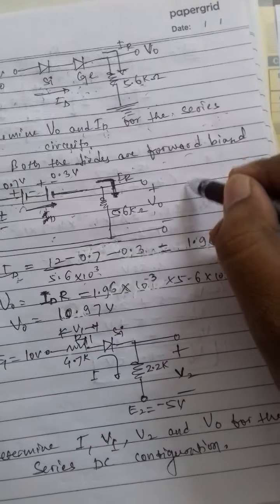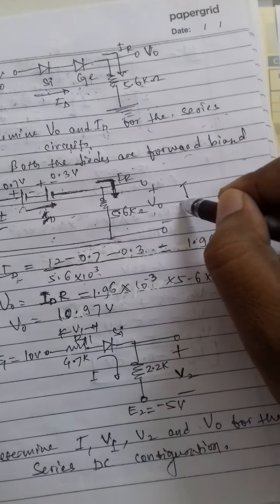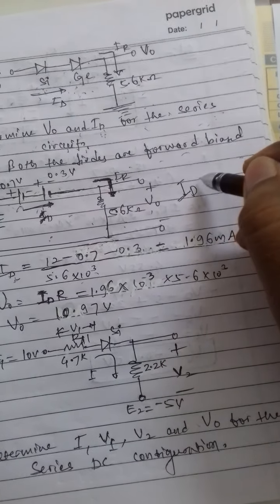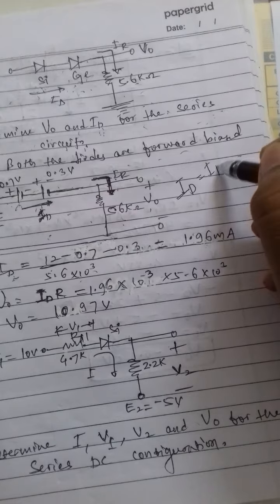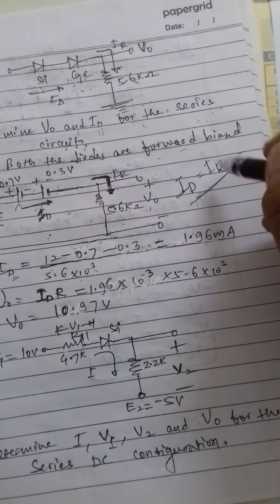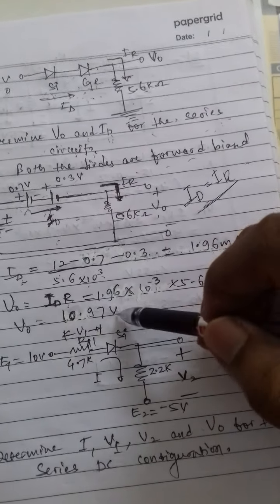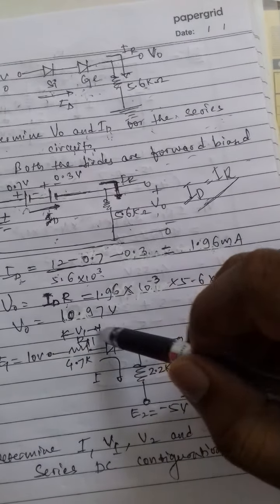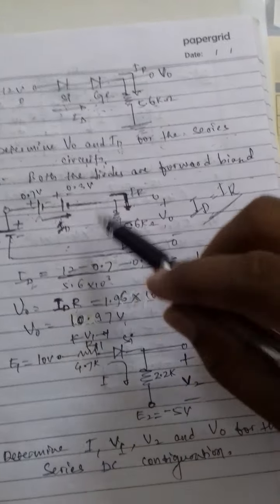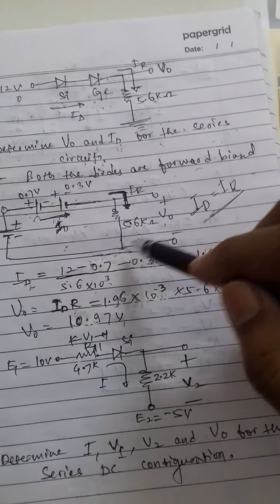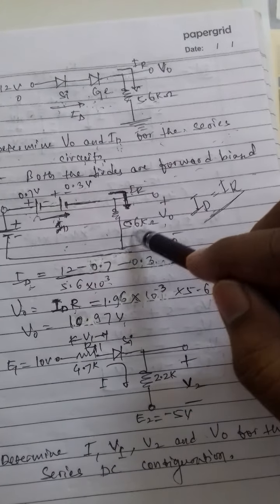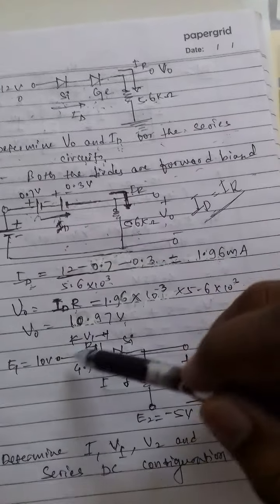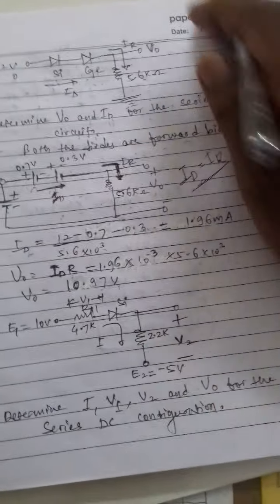Only one resistance is present between the input path and the output path. So ID R is 1.96 into 10 raised to minus 3 times 5.6 into 10 raised to 3, which is 10.97 volts. This is the output voltage, the drop of voltage across this resistance.